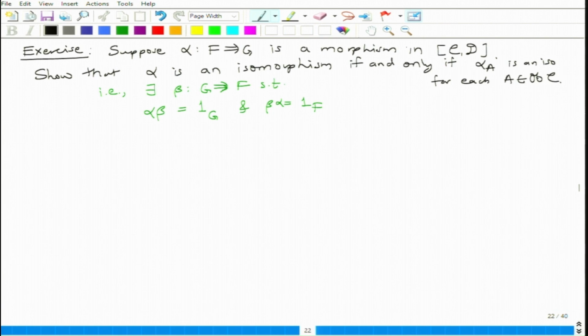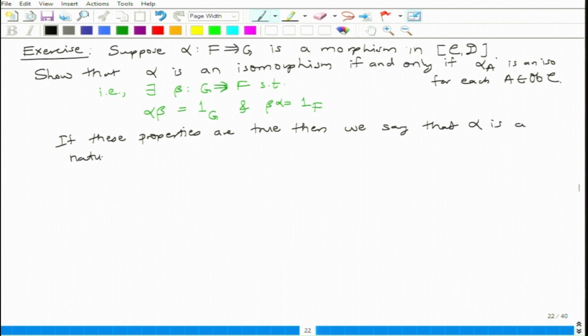Okay, very useful criterion. Yeah, if these properties are true, then we say that alpha is a natural isomorphism.